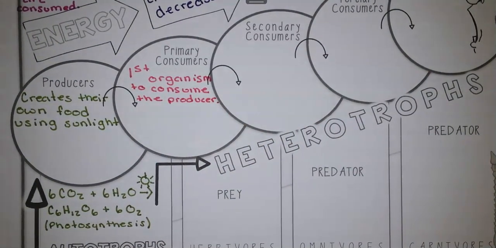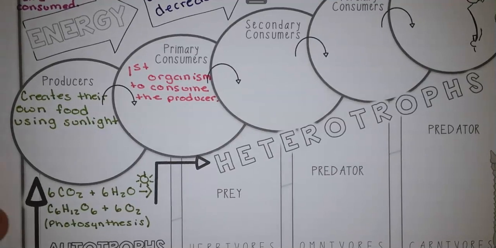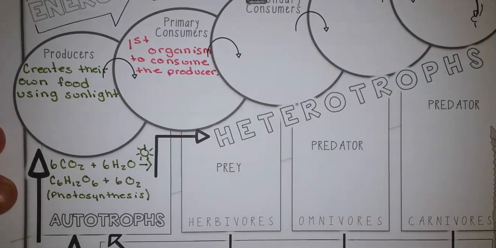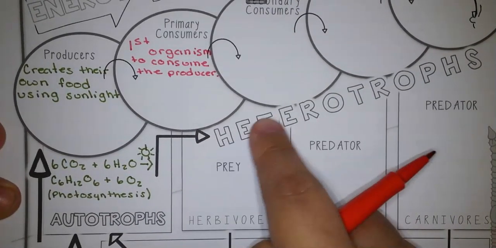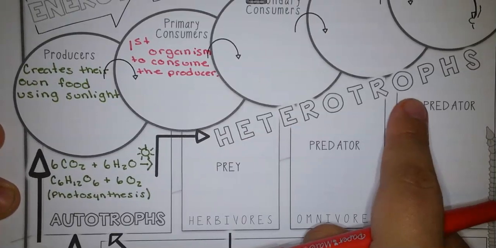Most of the time, this organism will be a herbivore. Because they consume and cannot make their own food, they are considered heterotrophs.